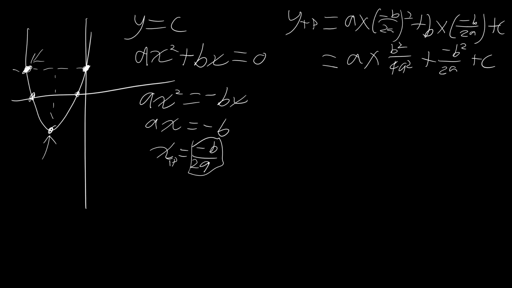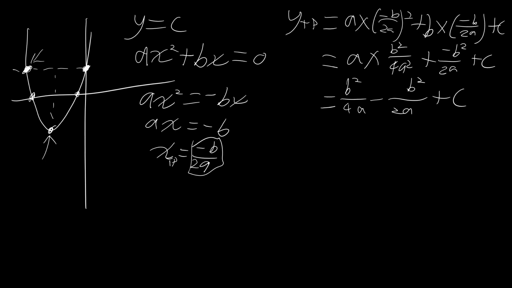The a multiplying with the denominator cancels out the a squared, so b squared over 4a plus negative b squared over 2a plus c. Since the second term in this expression has a denominator half as much as the first term and the same numerator, well, it will be the same numerator if we express it like this.